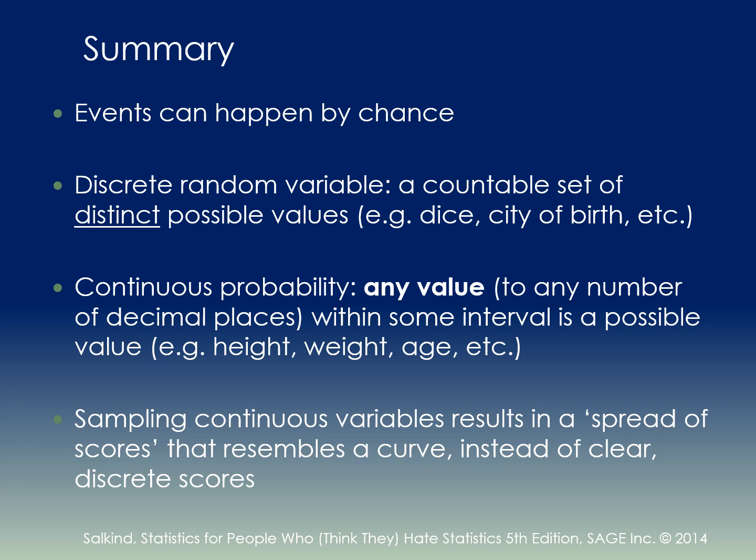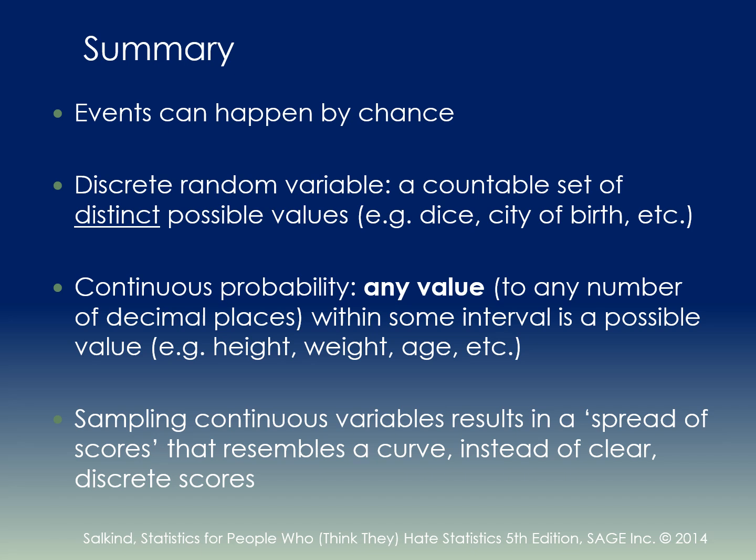So for example, we can have discrete random variables. If I know the number of distinct possible values, right, dice, city of birth, I can actually work out a probability or a chance of something occurring using those discrete values, right? Continuous probability, again, is a little bit different because now we're looking at a spread of scores, right? It could be any value to any number of decimal places within a certain interval.